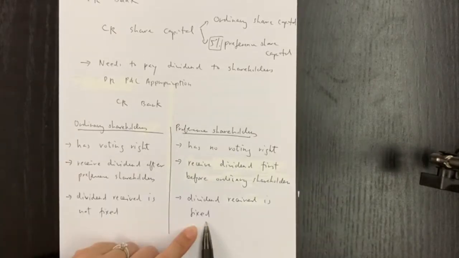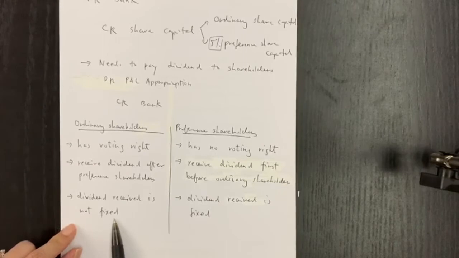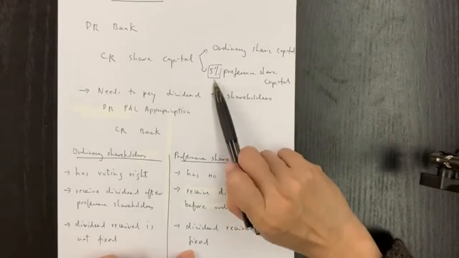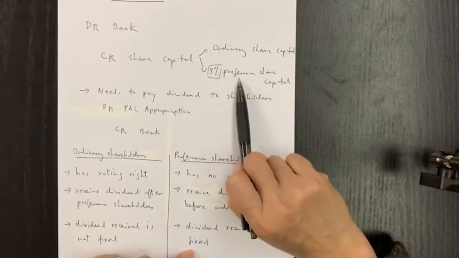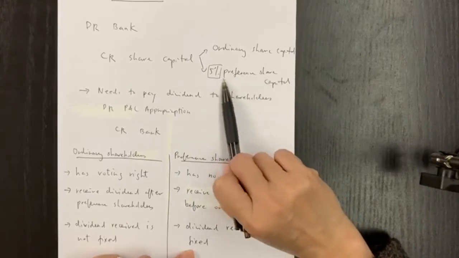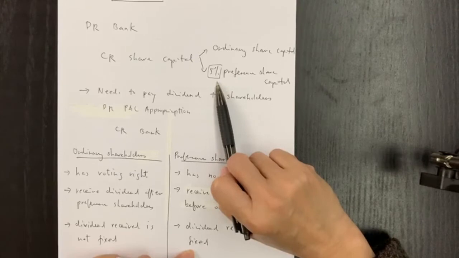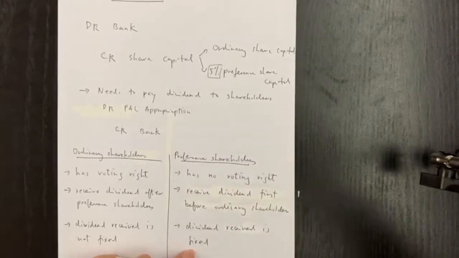And also preference shareholders will earn dividend which is fixed. However, for ordinary shareholders, the dividend earned is not fixed. So that's why we always have the percentage before preference share capital, and this 5% means the dividend that the firm has to pay to the shareholders, which is fixed at 5% in this example.